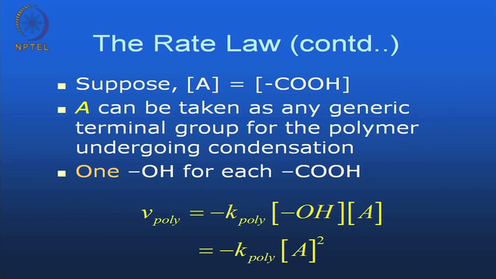Now, the rate law. Suppose A is the concentration of the terminal group. A can be taken as any generic terminal group for a polymer undergoing condensation. So, the rate of polymer formation will involve this unit and that unit, so it will go as A squared. The minus sign is simply because something is used up.